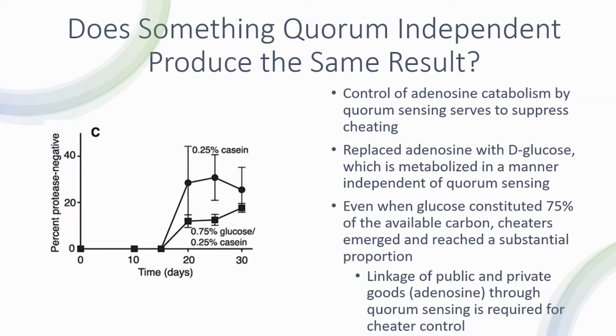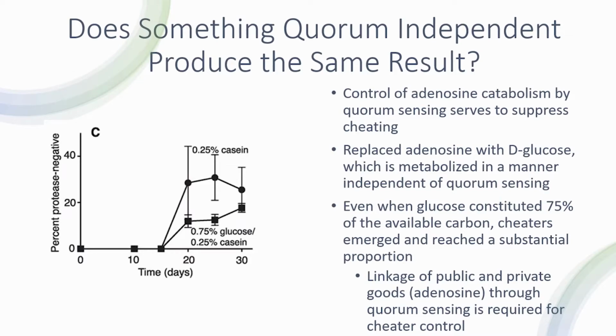But what if we explore something that isn't quorum sensing dependent? We know that casein metabolism is quorum sensing dependent, and it encourages social cheating, and that adenosine metabolism is also quorum sensing dependent, but it serves to suppress cheating.